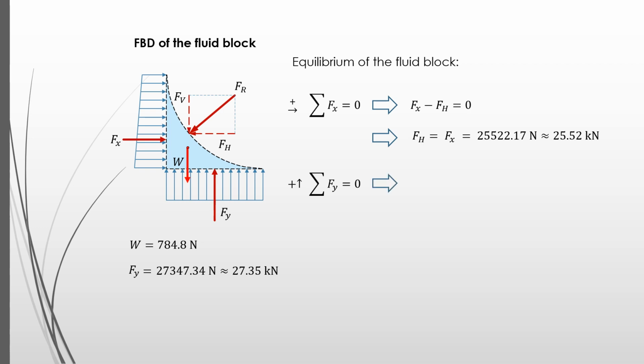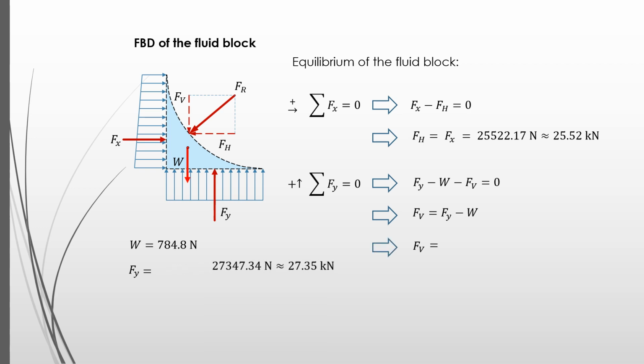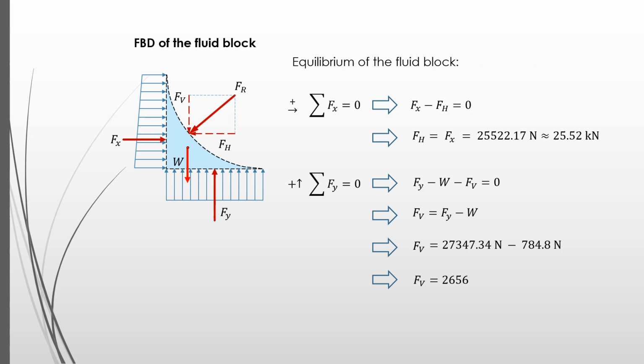In the y direction, we have Fy minus W minus Fv equals 0, or Fv equals Fy minus W. Putting the necessary values in the equation, we obtain Fv equals 26,562.54 Newton or 26.56 kilonewton.